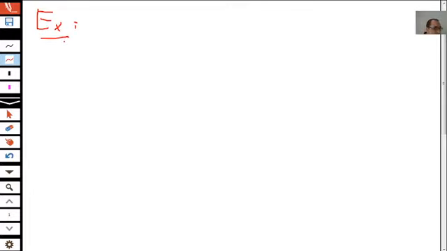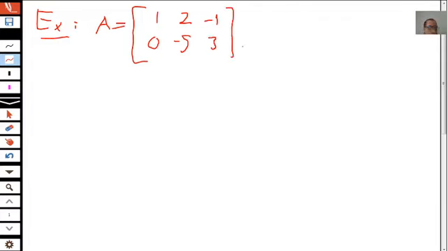So we have a matrix A whose entries are 1, 0, 1, 0, 2, -5, -1, -1, 3. So we have 2 rows here and 3 columns, so the size is 2 by 3.